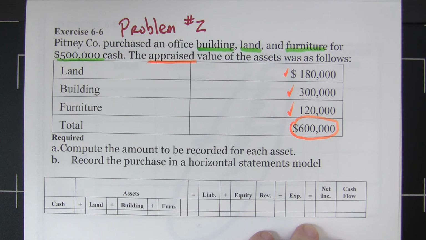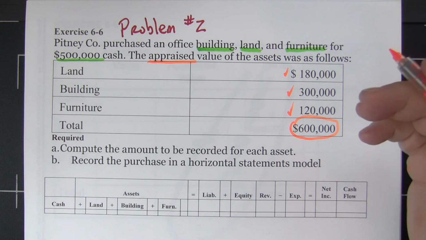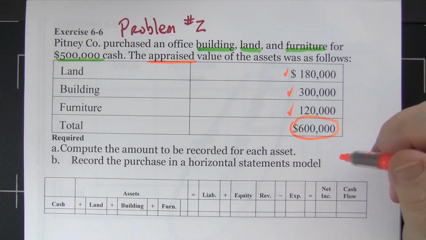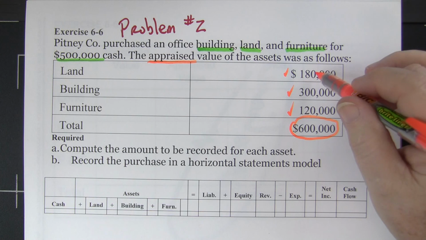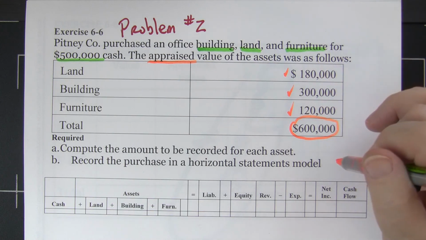Now, what we could do is just say the land was $80,000. That'll make it $500,000. But that's not acceptable because the land's not worth that. We actually got a deal on each of these items.